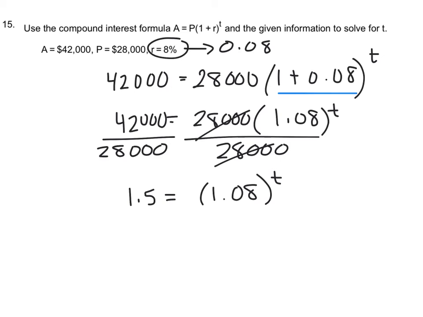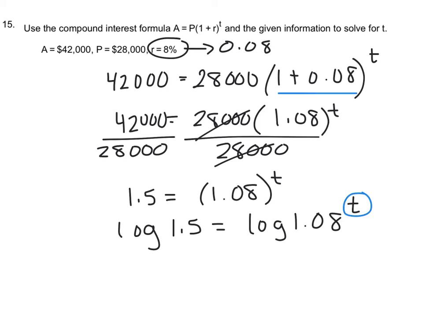Now notice that my letter, t, is in the exponent position. I want to get t out of the exponent position, so I have to apply logs to both sides. So I'm going to take the log of 1.5, and I'm going to take the log of 1.08 to the t. Next, you'll apply the rule for logs, and you'll take the exponent t and put it in front of the log.